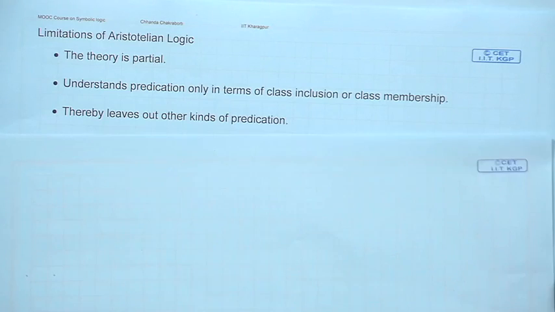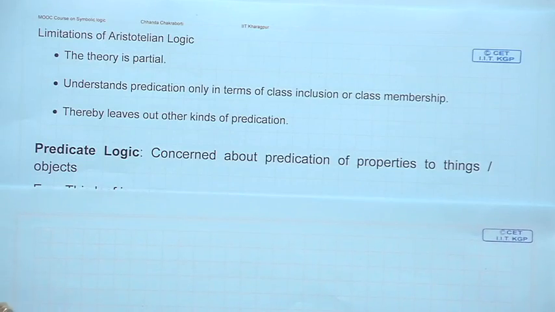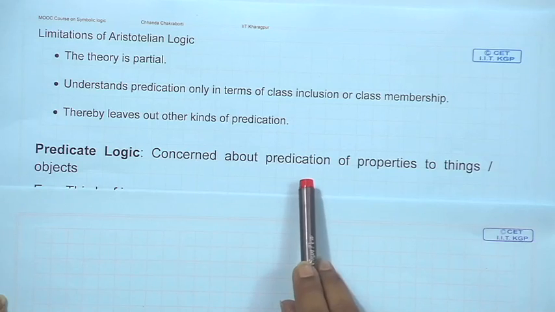So, this is the reason why we are leaving categorical logic behind, and supplementing our understanding with first order predicate logic. When you are in predicate logic, we are still talking about predication, which I have touched upon in categorical logic also.